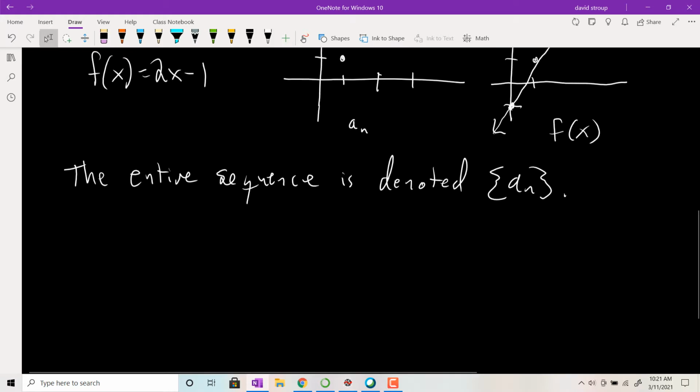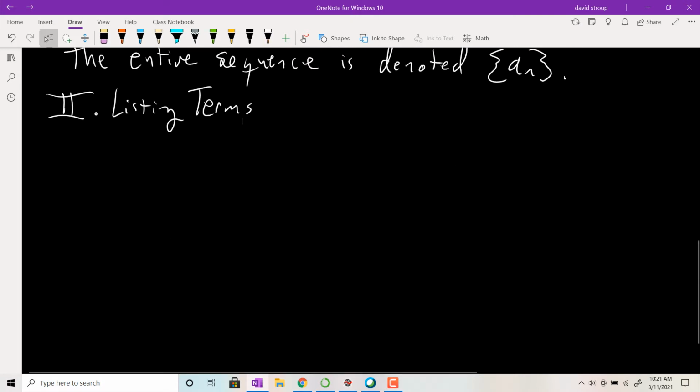Let's dive right in and look at some of the introductory exercises. First, all they want you to do is list terms. They'll give you an nth term formula for the terms of the sequence and ask you to write out the first 5 terms.